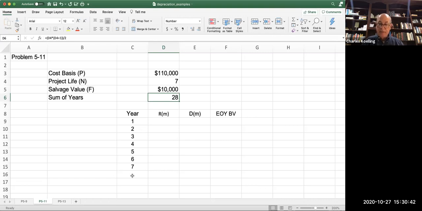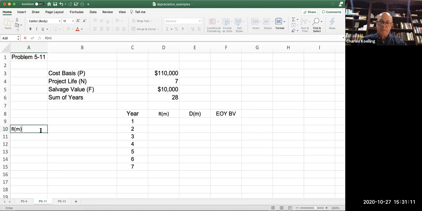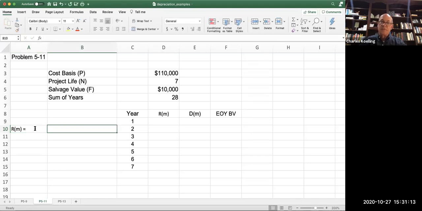Now let's also remember our percentage, right? This is our depreciation rate or depreciation percentage that we will apply for each year. And the formula for that, remember, capital N, let me put it over here. The formula for the R sub M is the following.